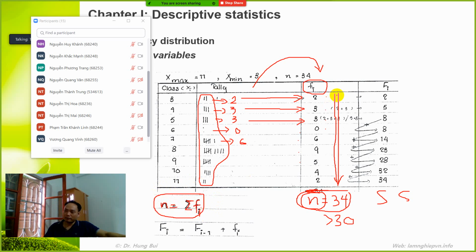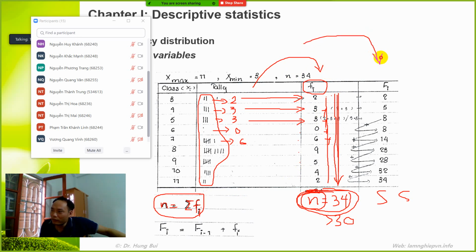So you can see here, look, I can explain to you very easily. Here's the N. We just take the sum, this one plus this one plus plus plus. So we have to take the sum of all of them. This will be N. Okay? Very easy.